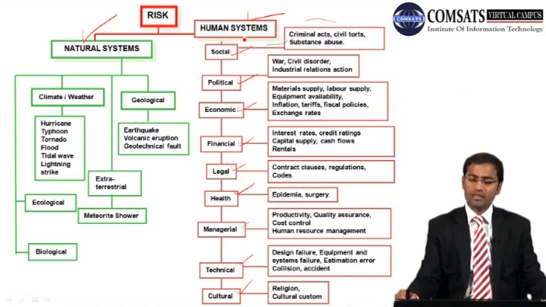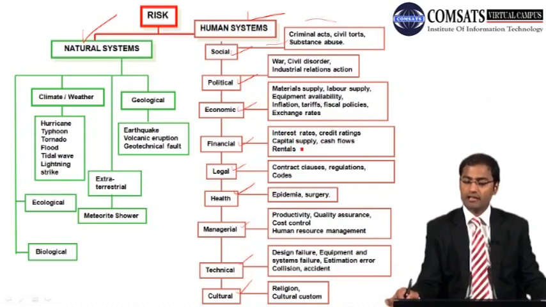Similarly, we may have war, civil disorder, and industrial relation actions as far as political risks are concerned, and then economic: materials supply, labor supply, equipment availability, inflation, tariffs, fiscal policies, and exchange rates. So these are related to economic risks. And then interest rates, credit rating, capital supply, cash flows, rentals: financial risks. And then contract clauses, regulations, and codes: these are legal risks.